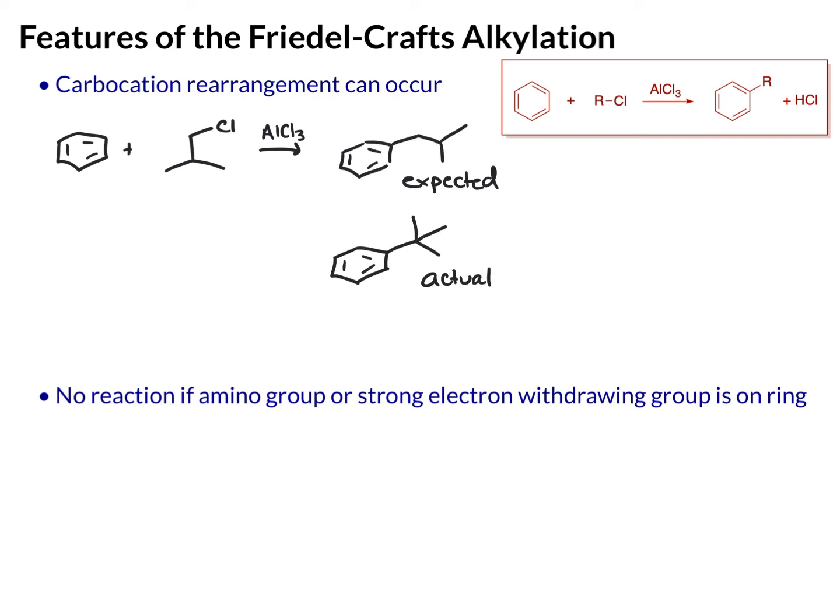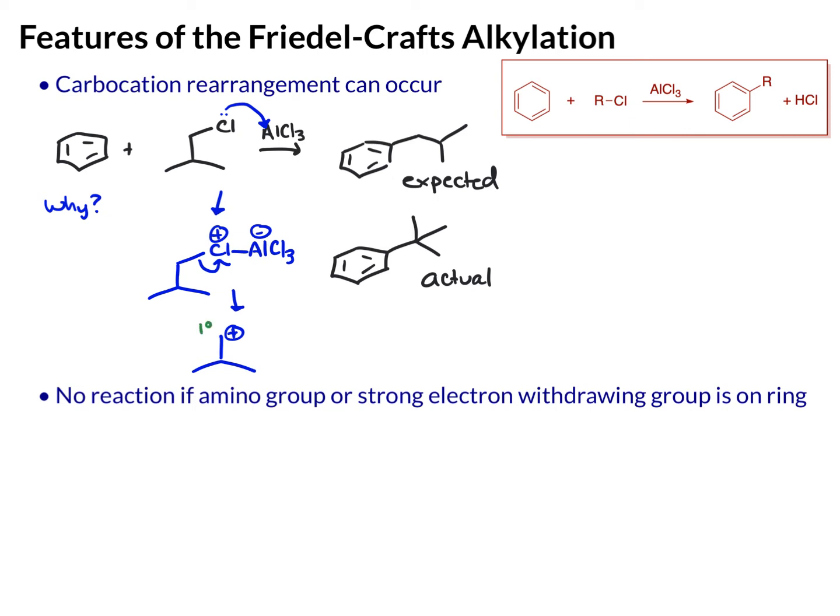So why is that? What you want to do is always look at your Lewis acid-base adduct and the carbocation that forms. Anytime you go to do this reaction, draw your Lewis acid-base product. From there, go ahead and lose the chlorine and draw the carbocation that forms. What do we have here? We have a primary cation.